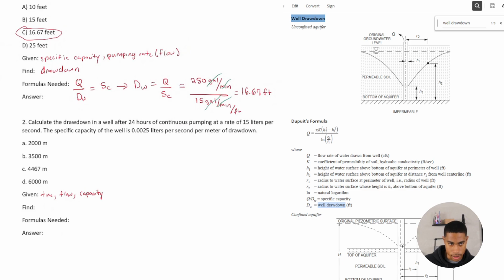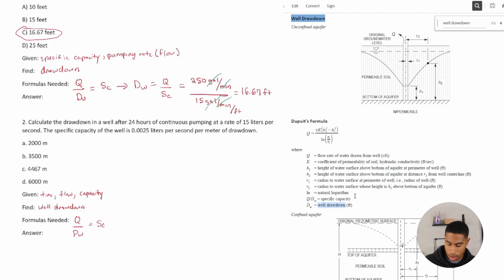We're trying to find the drawdown, the well drawdown. So similar to the question before, we need to use Q divided by dW is equal to specific capacity, just this formula here.